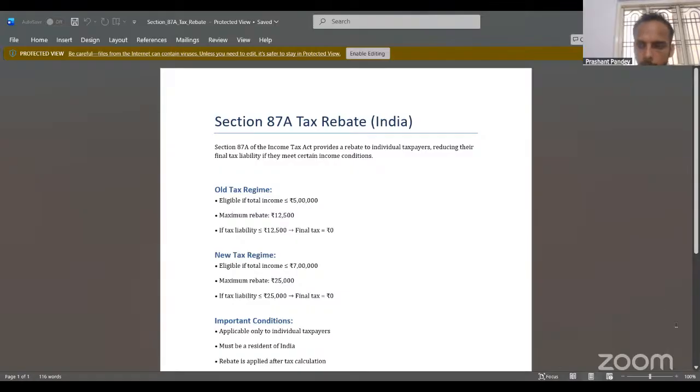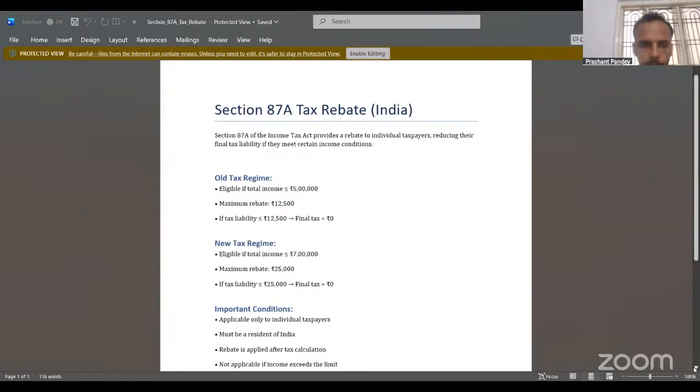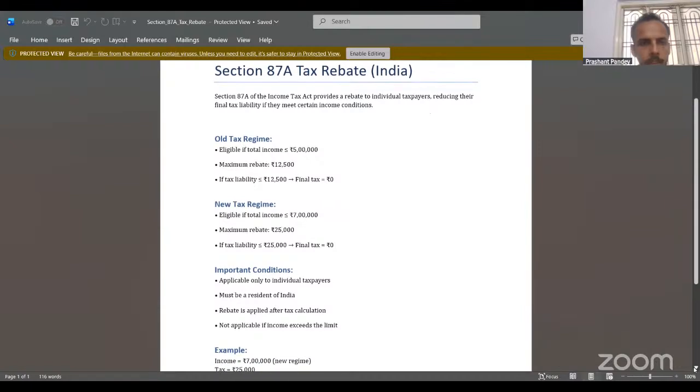In the same way, under the new regime, the slab has been raised. If the total income is less than or equal to 7 lakh rupees, then the maximum rebate that the assessee can avail is up to 25,000 rupees. So up to 25,000, the final tax becomes zero, whereas here up to 12,500, the final tax becomes zero.